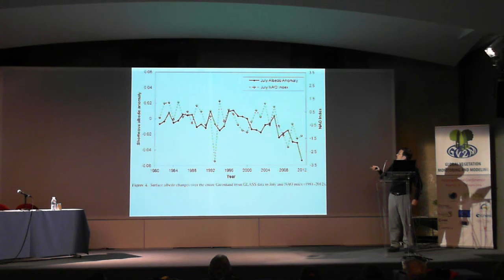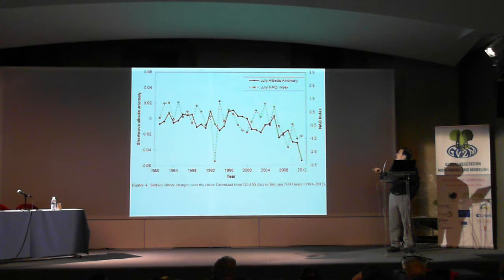If we look at the average albedo over Greenland, this is the solid line here. It's interesting to see that in the first about 20 years it is relatively stable, although fluctuating a little bit, but from 1996 or so there is a significant albedo decrease. What I try to show here is that if we only use albedo from the past 10 years, the trend we get cannot represent the overall trend.